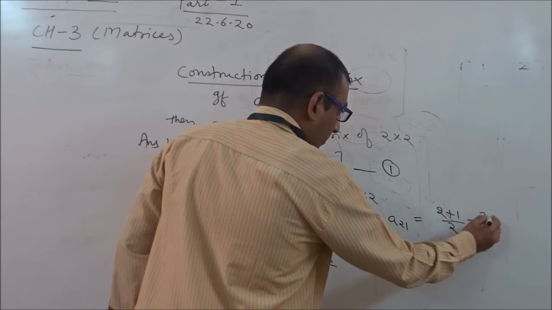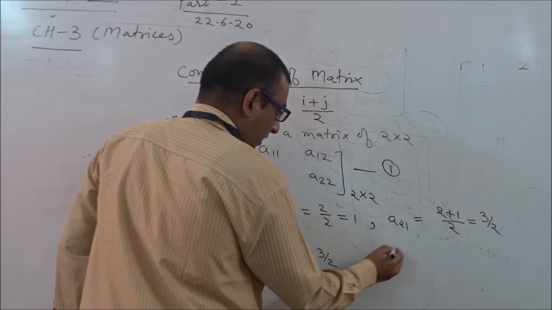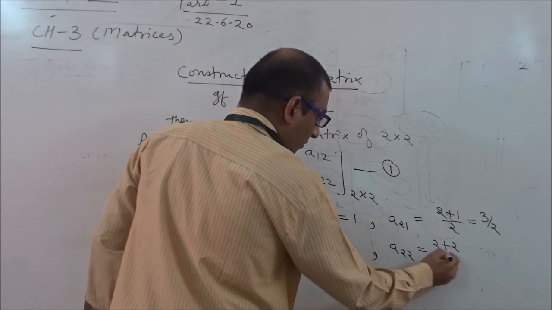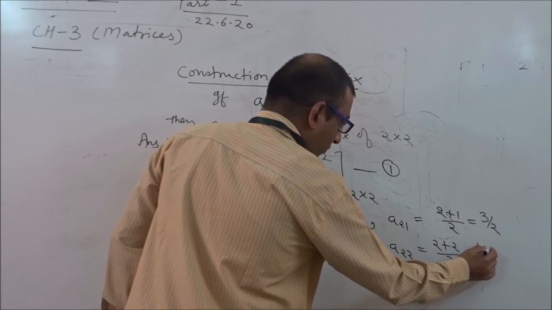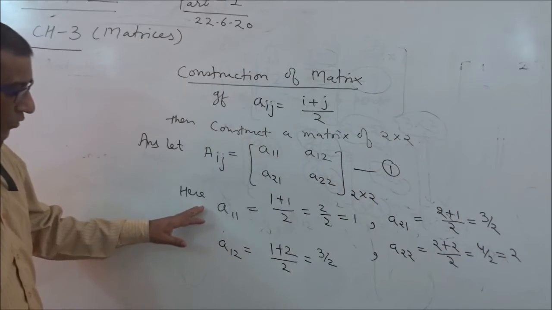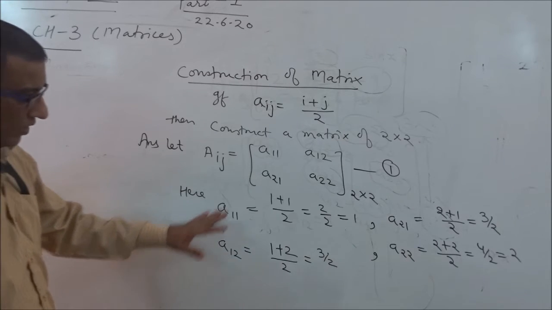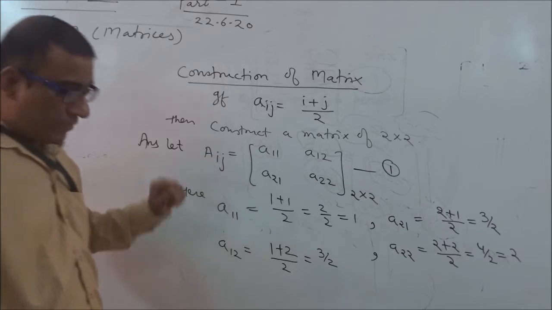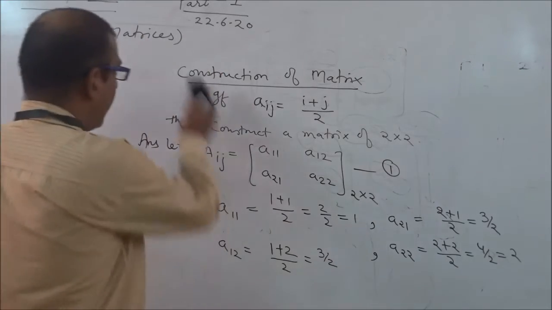It becomes 3 upon 2. After this we will calculate A22. This is your 2 plus 2 upon 2. It becomes 4 upon 2. So we will get 2. After calculating these values A11, A12, A21 and A22, all these values we will put in equation number first. So what we will get?